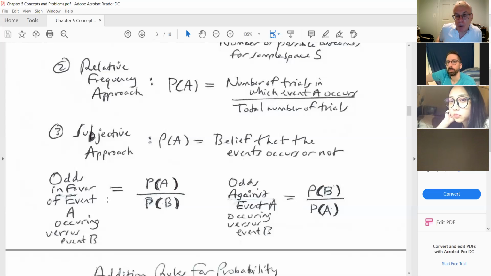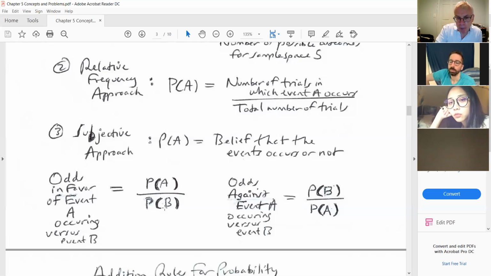Well, it's 1 to 5, because the probability of rolling a 2 is 1 out of 6, the probability of not rolling a 2 is 5 over 6, and the 6's cancel, and you end up with 1 to 5. So there's a 1 to 5 odds of rolling a 2.